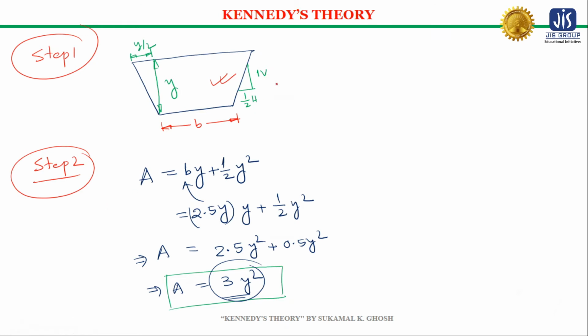In our previous problem we considered the same cross section, and for this cross section we derived the length of this perimeter, the weighted perimeter, and we got that P is equal to B plus root 5 into Y. We have got this expression from our previous problem.